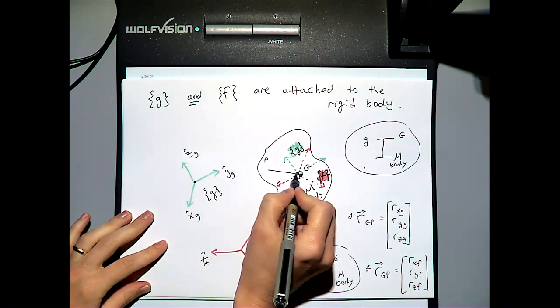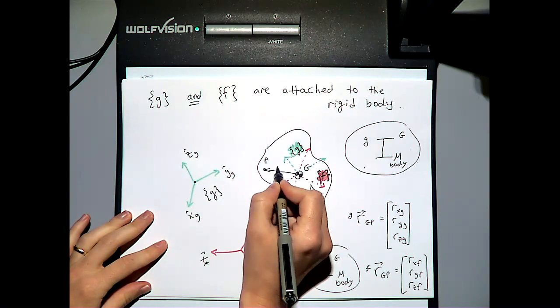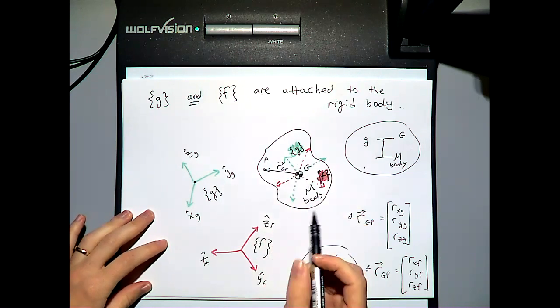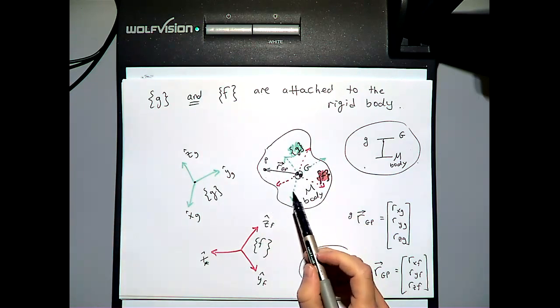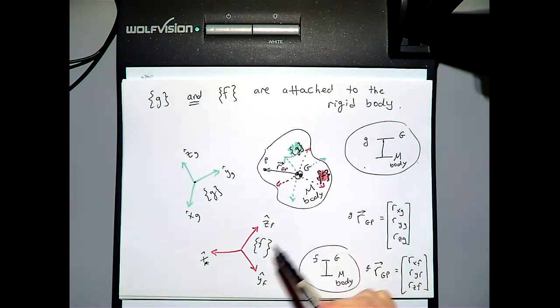So for a given point P, RGP, it will be easier for you to visualize the projections of this vector onto the coordinate system of interest to you.